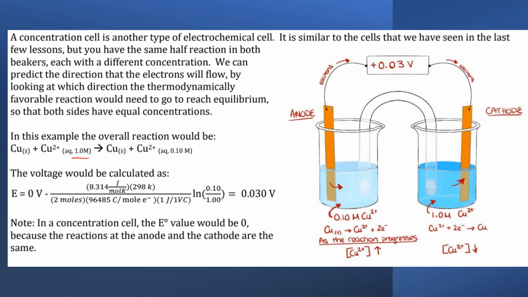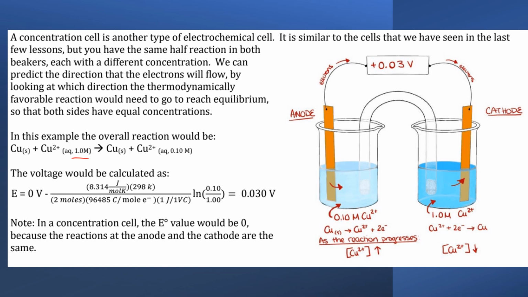Our product was Cu2+ at 0.10 molar, over the reactant's 1.00 molar. When you do the math, you end up with 0.030 volts.